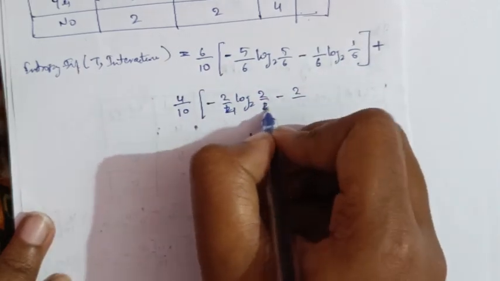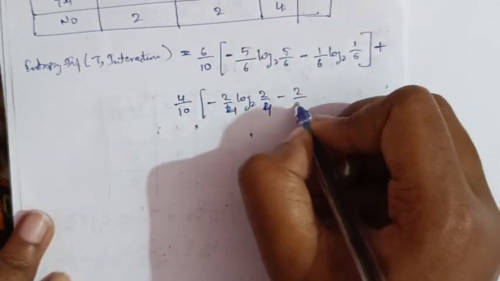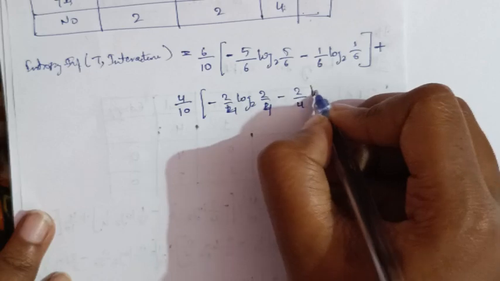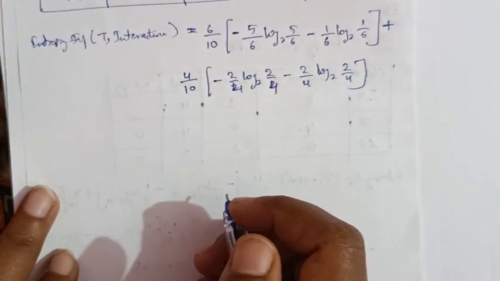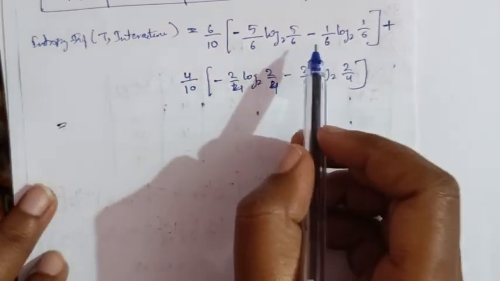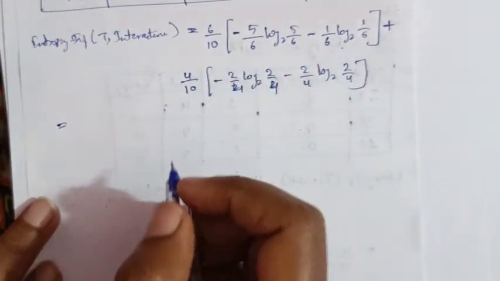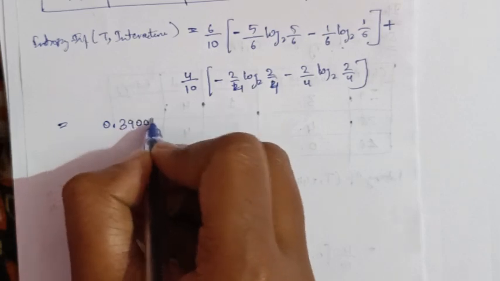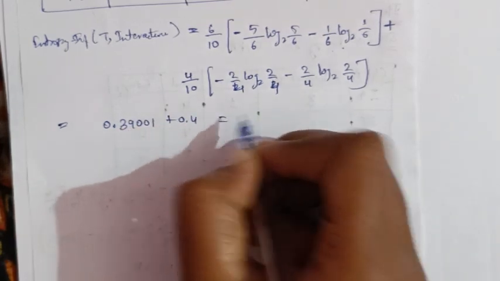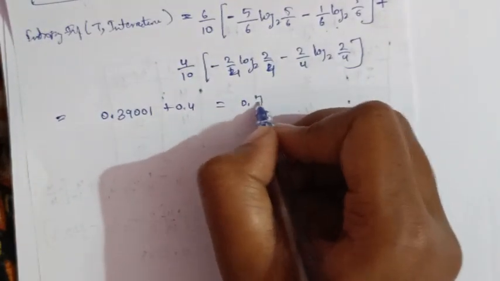Sorry, here it should be 4. This 4 here. If we calculate this, for this you will get 0.30. Total it will be 0.7900.